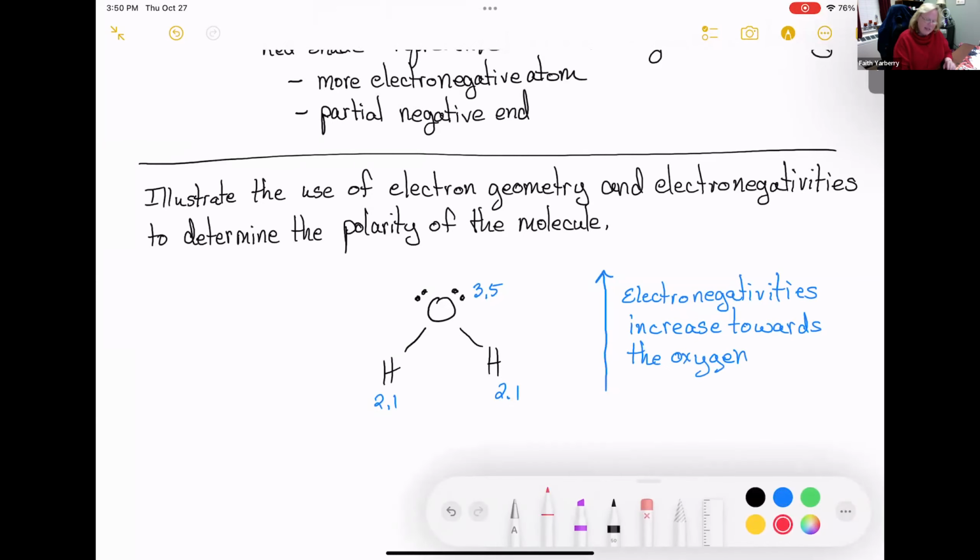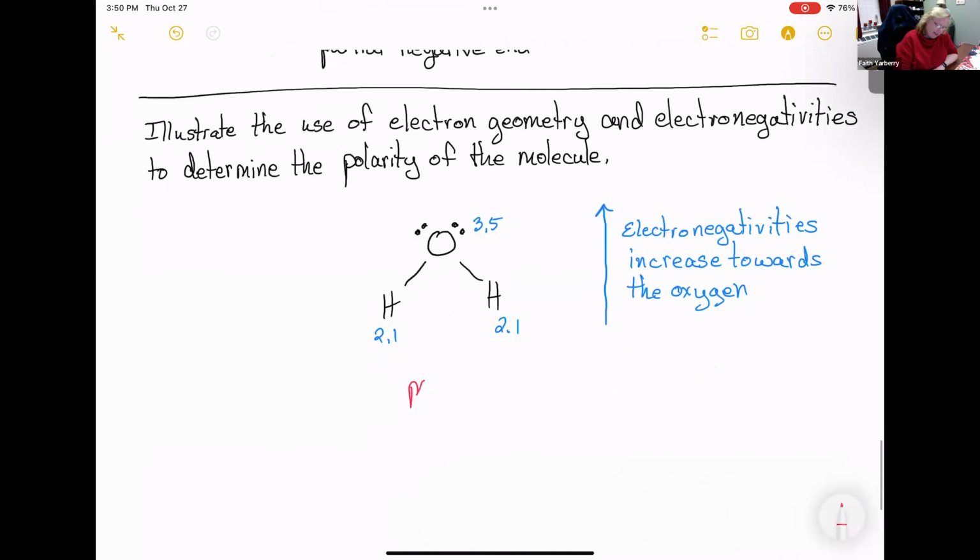Because the electronegativities all increase in one direction, this molecule is polar, and its dipole moment would be in the direction of the oxygen.